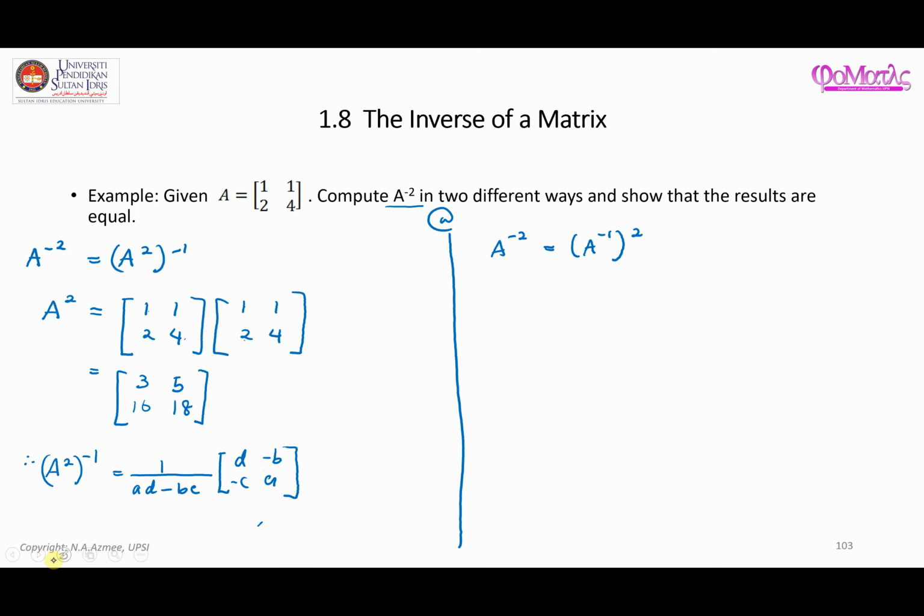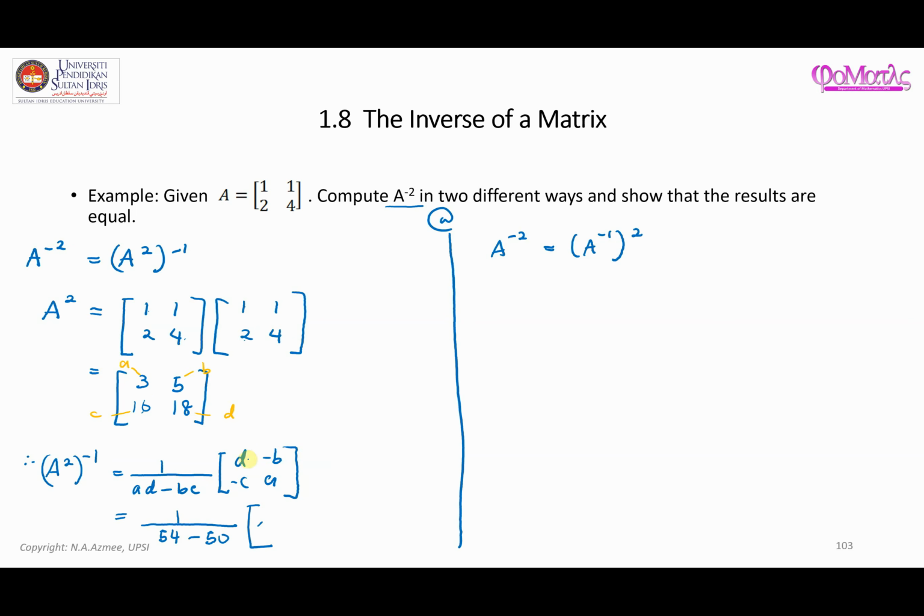Okay, so we all know that this is A, this is B, this is C, and this is D. Therefore, what we have is A times D. So 18 times 3 is 54 minus 50.